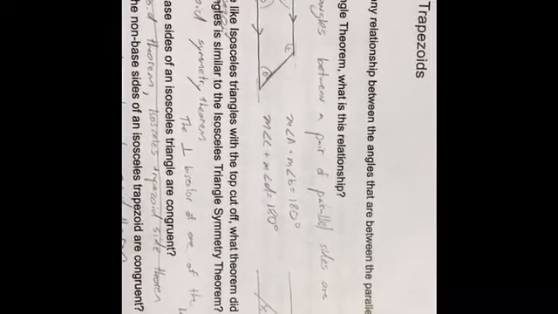What says the non-base sides of an isosceles triangle are congruent? That would be ITBAT, isosceles triangle base angle theorem. Or I think there's a corollary after it, technically. And what theorem says that the non-base sides of an isosceles trapezoid are congruent? That's the isosceles trapezoid theorem. The non-base sides of an isosceles trapezoid are congruent.